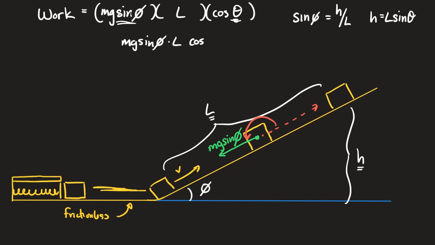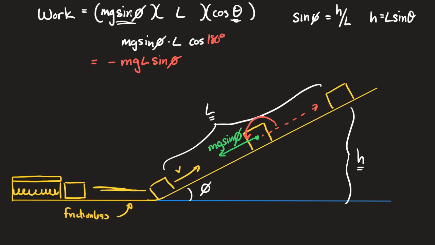And I think we all can say that that is 180 degrees. Good so far? Well, do you all see then that this is negative mg L sine phi? We all okay so far?